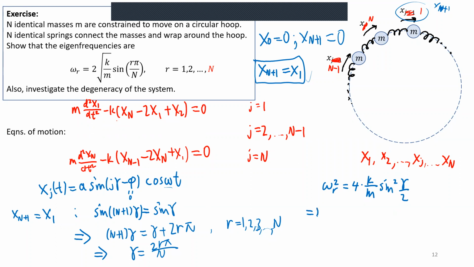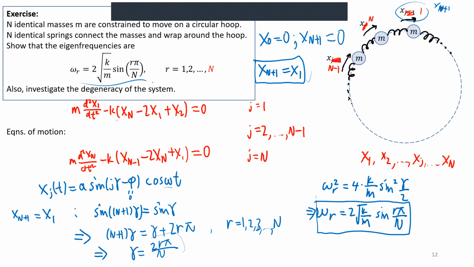So that means omega is just 2 square root of k divided by m sine gamma divided by 2. So gamma this time is given here, so therefore, we have sine r pi divided by n. So this is the formula for the eigenfrequency omega r. Okay, so we showed that.